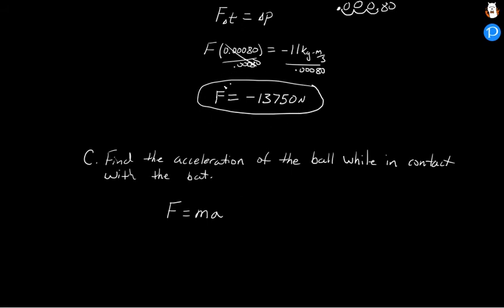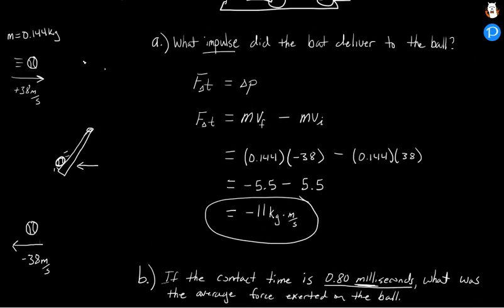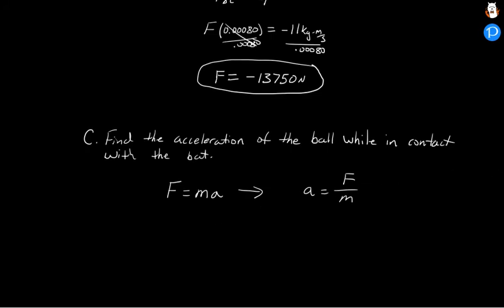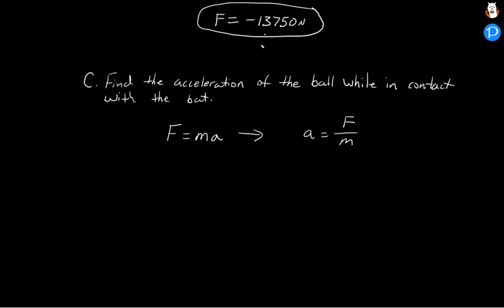I just figured it out. I know what the force is, and I know what the mass of the ball is, because the problem gave us the mass of the ball in the beginning, and that's all I need. So rearrange this equation to solve for acceleration. Acceleration is equal to the force divided by the mass.